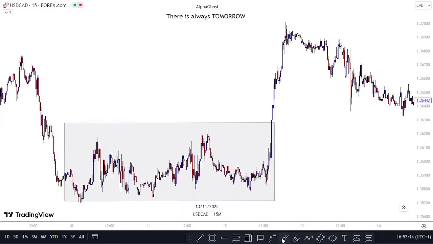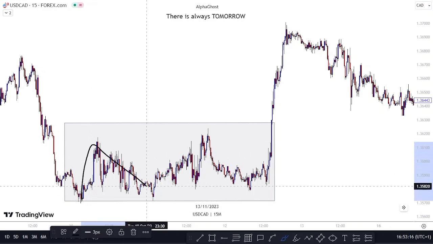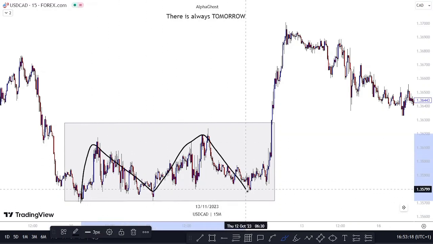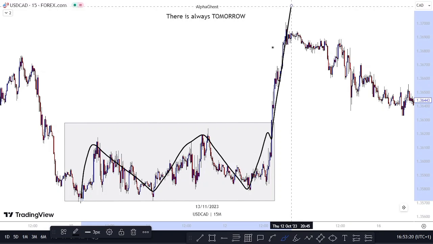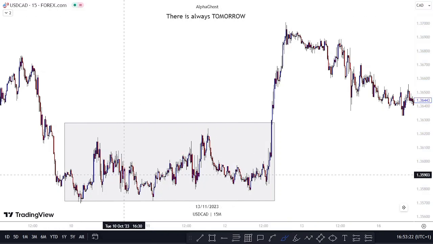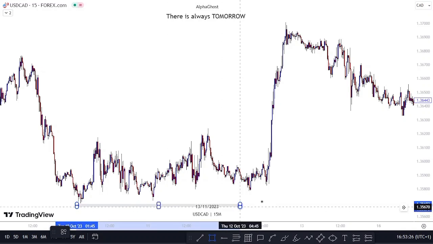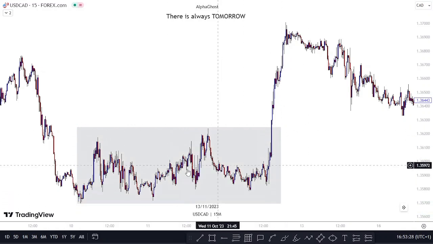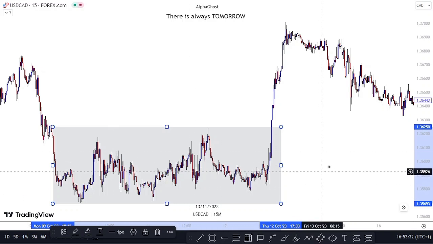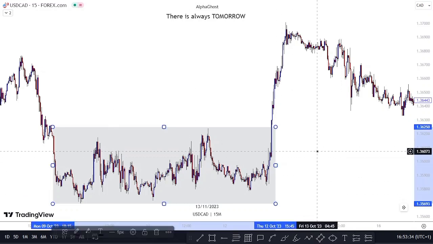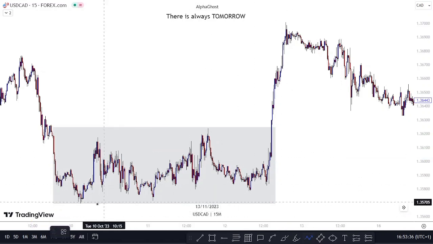As you can see here, price is just moving within this box, nothing until we have this break. Before the break, price just moved entirely within this box. So the price just moved in a range. This is your range. Some people also call it accumulation.